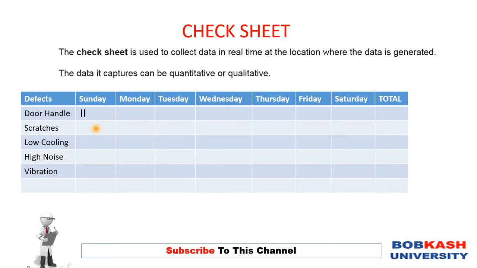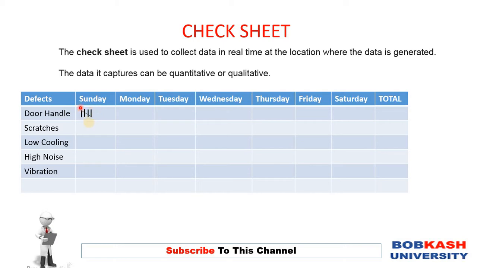So it becomes 2 door handles not working properly, and he puts one more line under Sunday. After some time, he finds one more defect in the line and puts one more line under Sunday. Similarly, he finds 5 door handle defects on the production line of the refrigerator. So he puts 1, 2, 3, 4 vertical lines and 1 slanting line. That means it's a packet of 5.